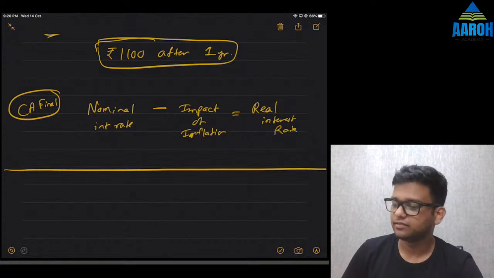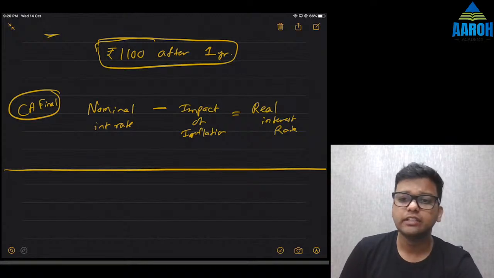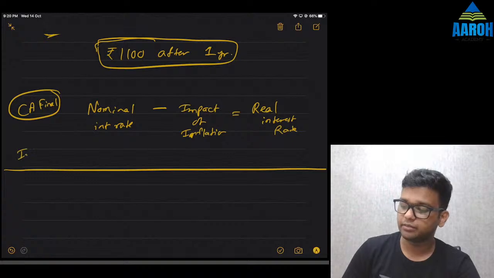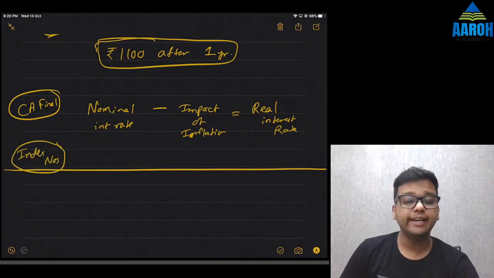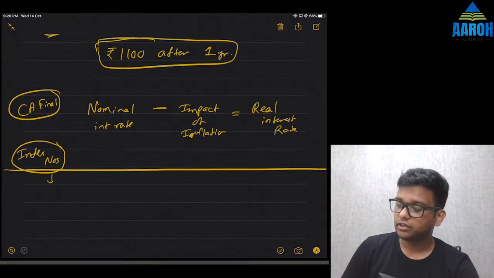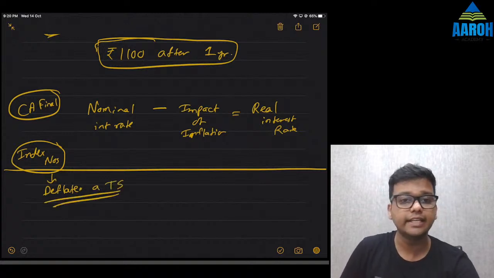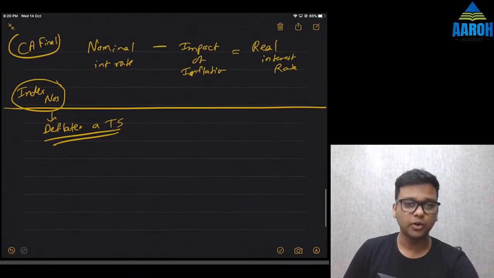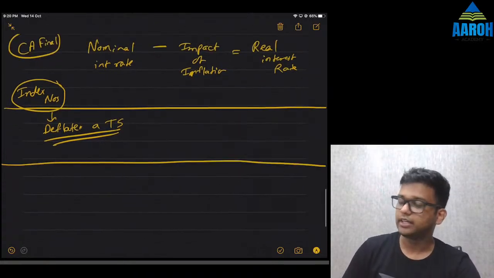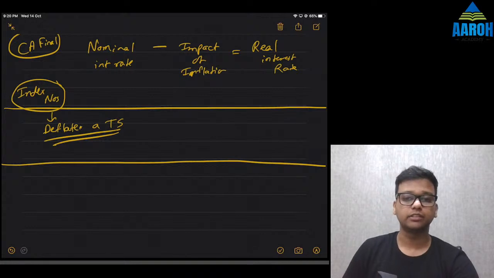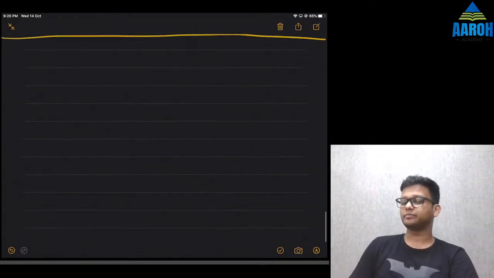Have we seen something called real GDP, real wages in the chapter of index numbers? Right. In index numbers, we use this concept to deflate a time series. I hope you've studied that. That is again an important and very easy chapter, from scoring point of view.